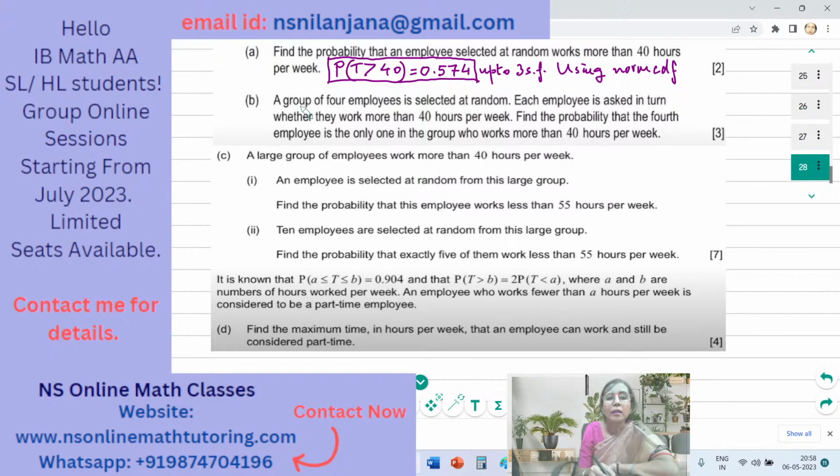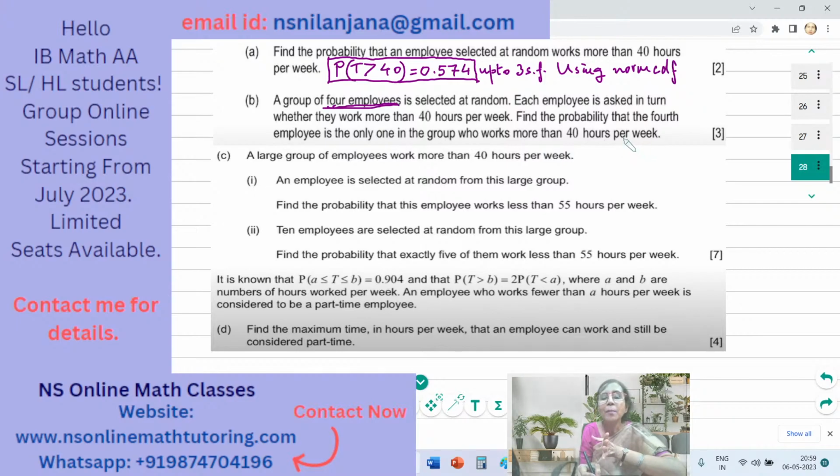Subpart B. A group of 4 employees is selected at random. Each employee is asked in turn whether they work more than 40 hours per week. Find the probability that the 4th employee is the only one in the group who works more than 40 hours per week.